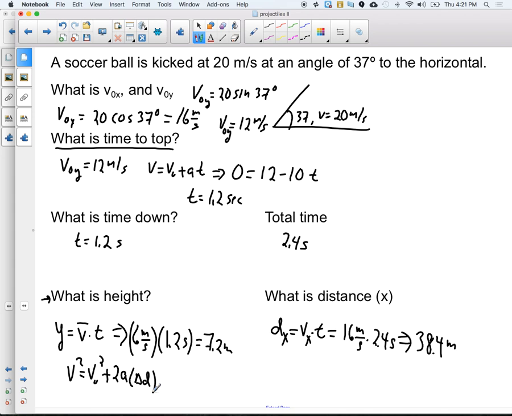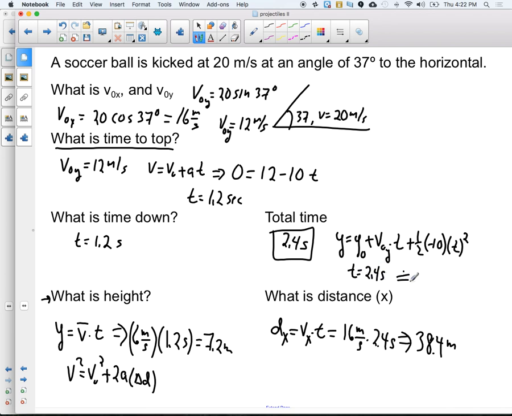If I look at this total time equation, y is equal to y0 plus v0y times t plus 1/2 times minus 10 t squared, and if I substitute in a t of 2.4 seconds, you'll find that y final is equal to y0.